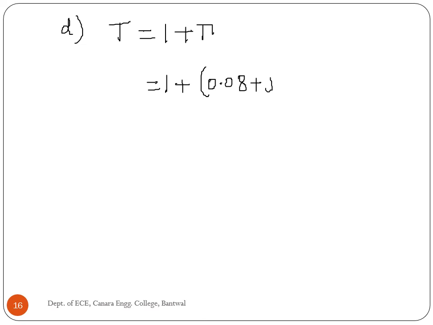Now we have to verify transmission coefficient equals algebraic sum of 1 plus reflection coefficient. So 1 plus the reflection coefficient we got as 0.08 plus j0.32, which is equal to 1.08 plus j0.32.